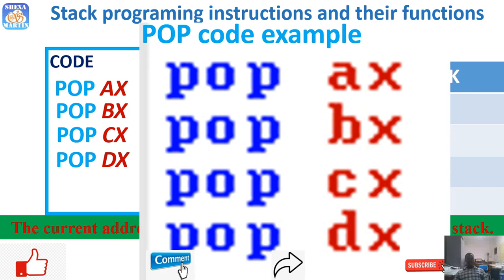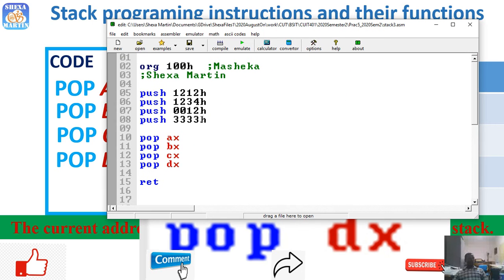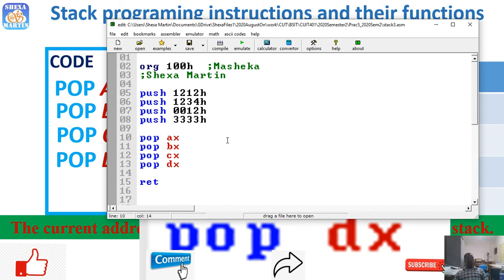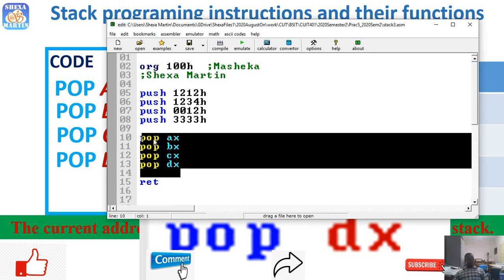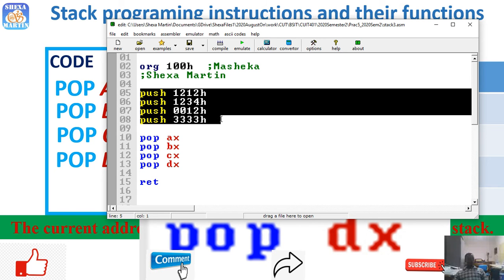Let's now look at the actual code. Right, it's just that previous code, but now we know the push instructions. Now we want to concentrate on pop instructions, but we cannot concentrate on pop instructions without giving values to the stack.